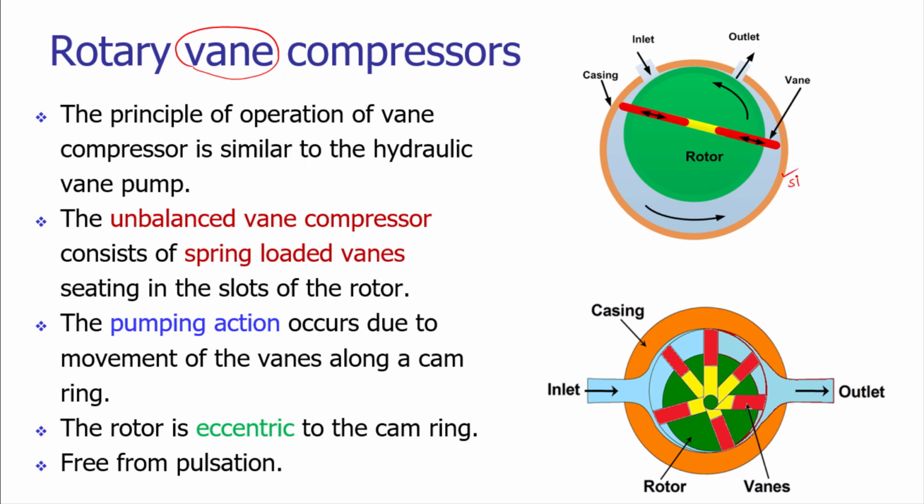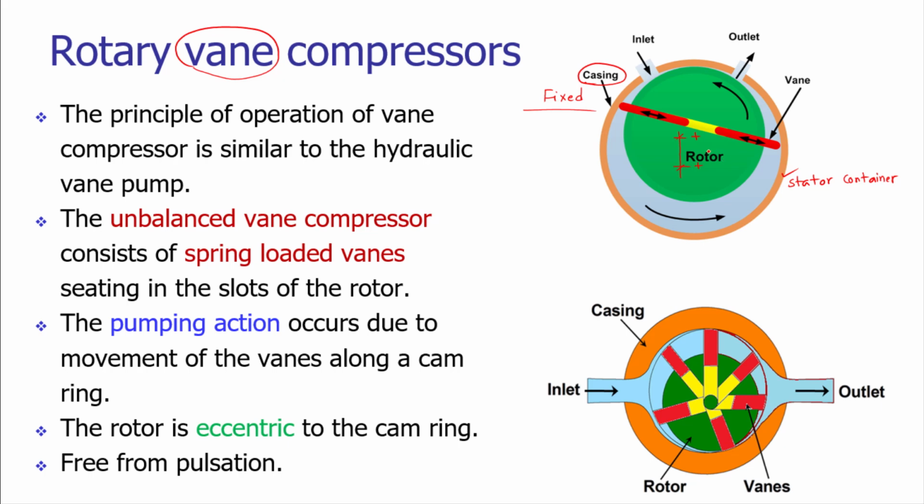So this is the stator container. So there is eccentricity between the axis of the rotor and the axis of the stator or the casing. The casing is fixed, it is not moving, it is stationary.